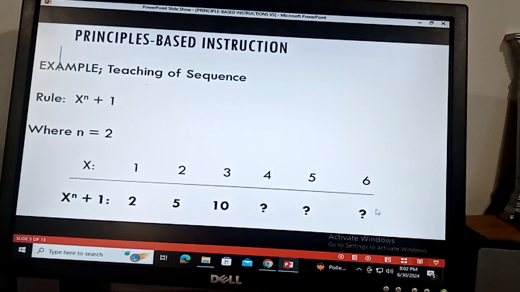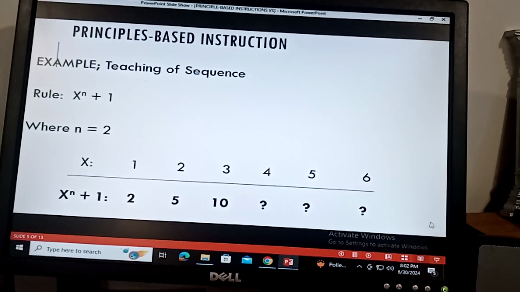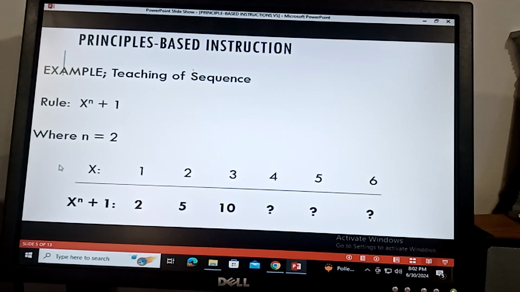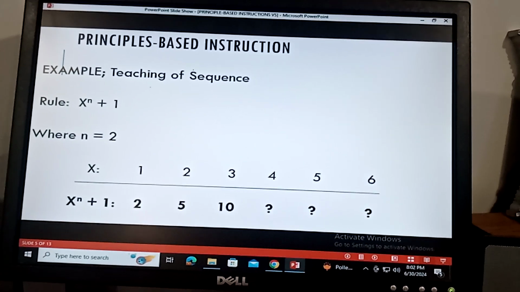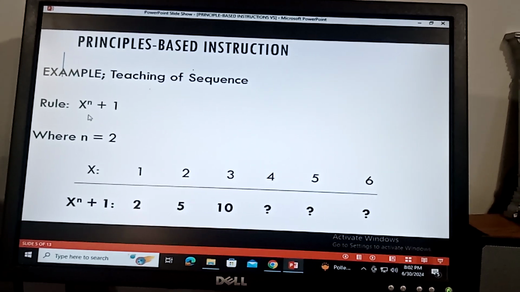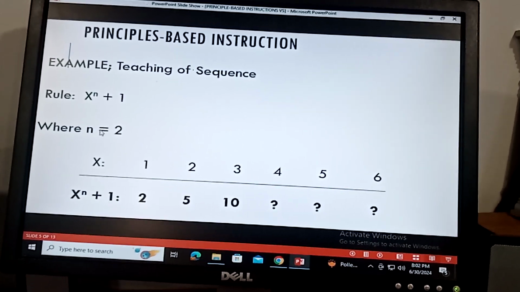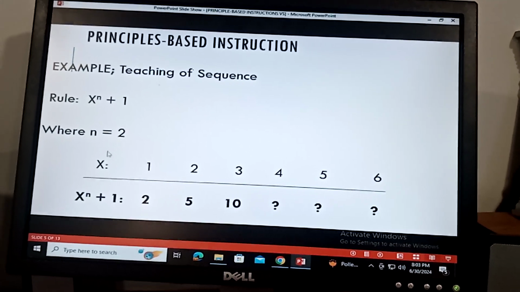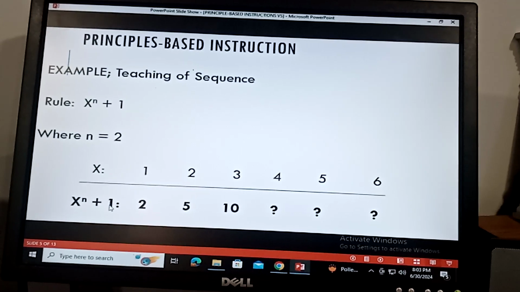Now, if a child is supposed to complete this table for 4, 5, and 6, because it is principle-based, the rule here says x raised to the power n plus 1, where we know the value of n to be 2. So if we are given x, then how do we find x raised to the power n plus 1?